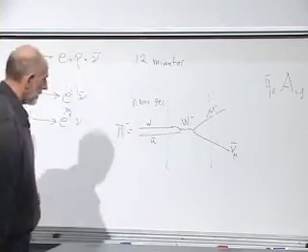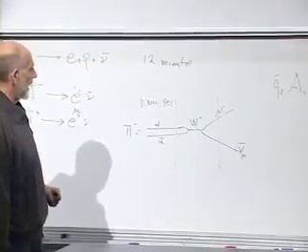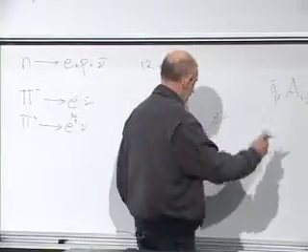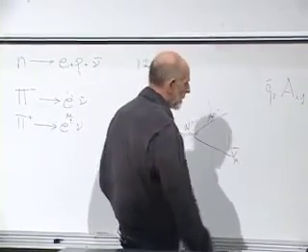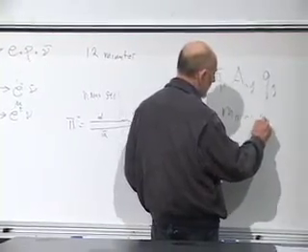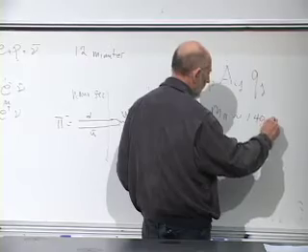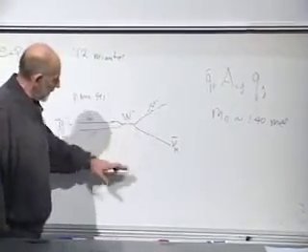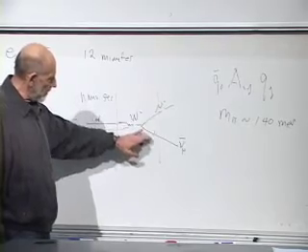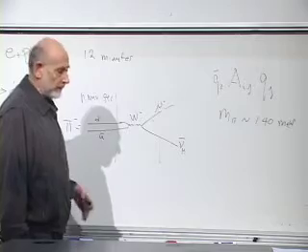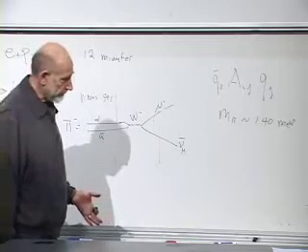Let's worry about it. A pion has an energy of about its mass. Let's suppose the pion is at rest. The mass of the pion is roughly 140 MeV. What is the energy of the muon and the neutrino? First of all, it's the rest energy of the muon and the neutrino.